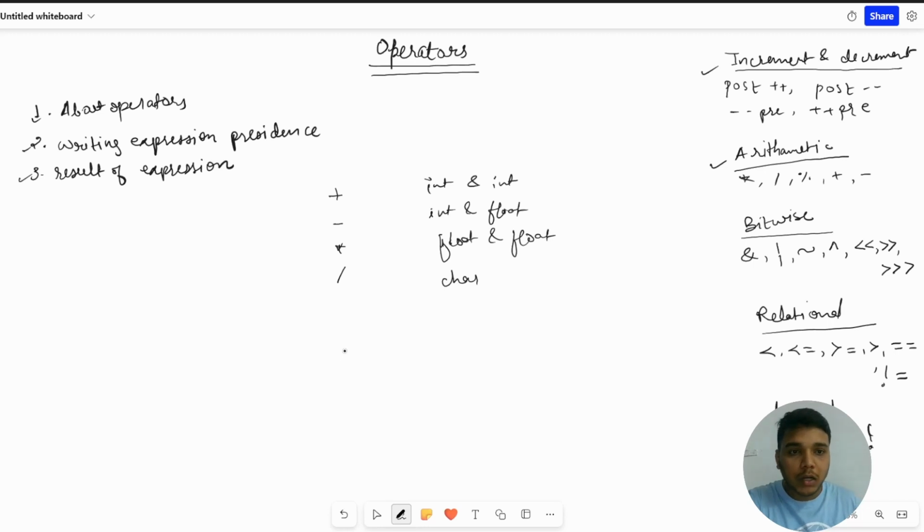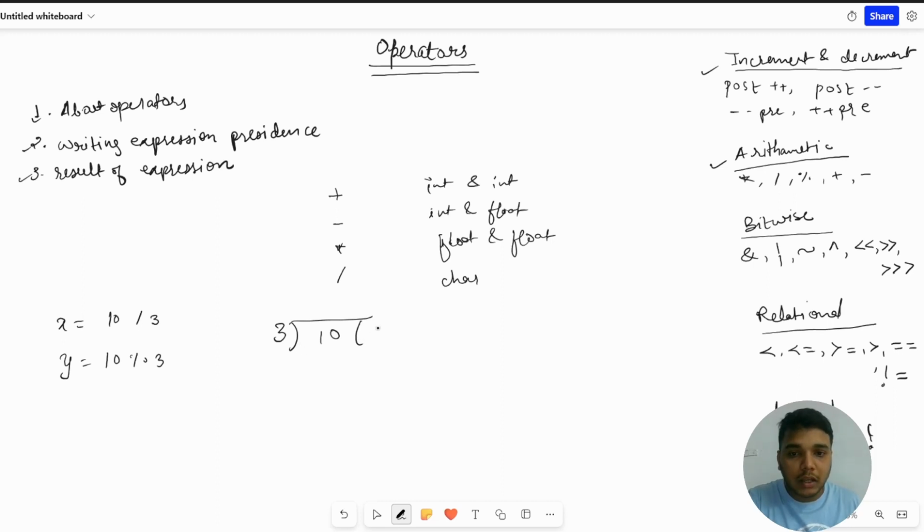There is one more arithmetic operator, modulus. So what does this operator do? I will show you. Suppose we have an equation 10 divided by 3 and we store this in x, and y equals 10 modulus 3. So this will be the expression.